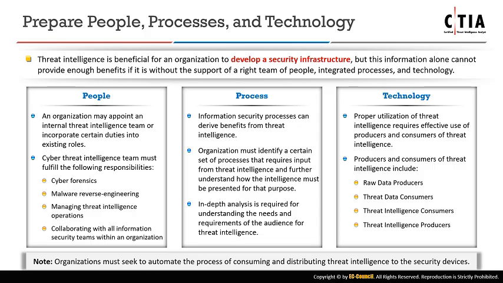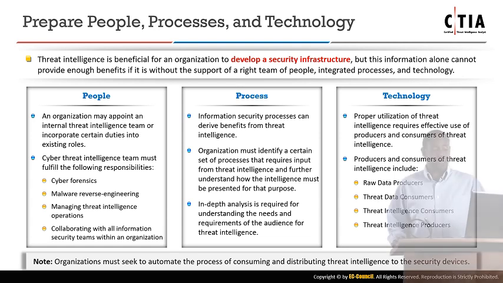Next, we talk about processes. So with processes, we have information security processes that derive their benefit from threat intelligence. And if you look at IT in general and the dev cycle where we develop software, all of those can derive quite a lot of good intel and use out of threat intelligence.